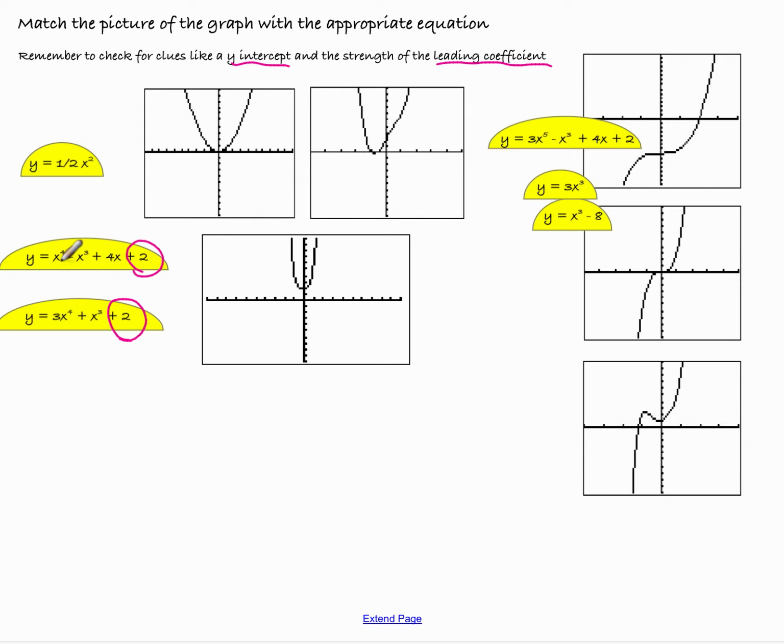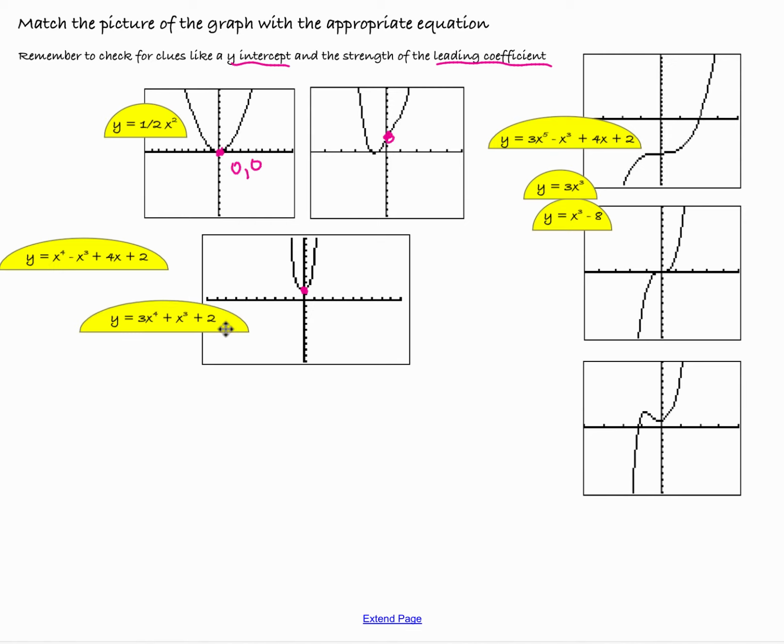Because if we put 0 in for x, all that's left is 2. So you've got a y-intercept of 2, a y-intercept of 2, and you've got a y-intercept of 0. So boom, here's our first matching one. This is the graph y equals 1/2 x squared.